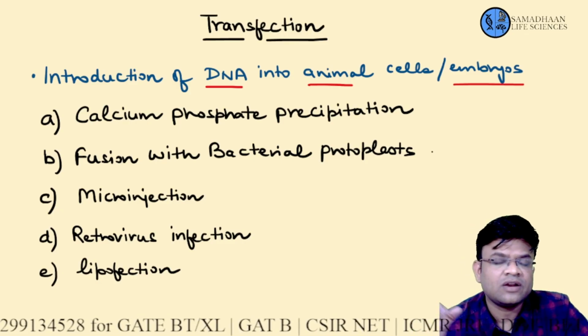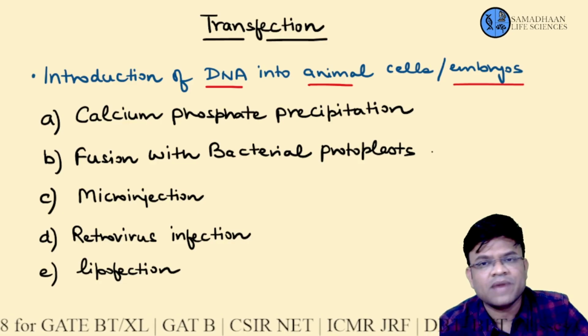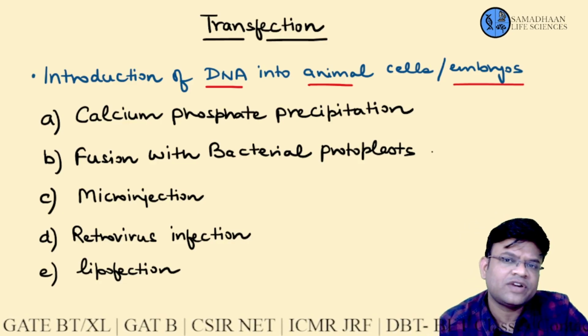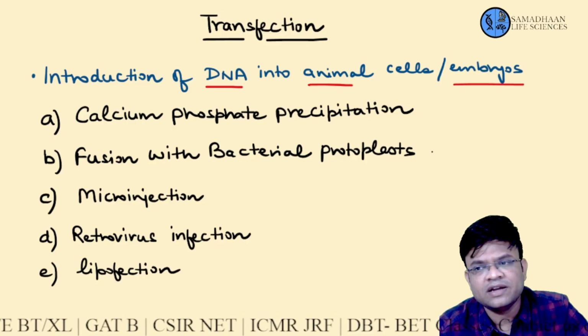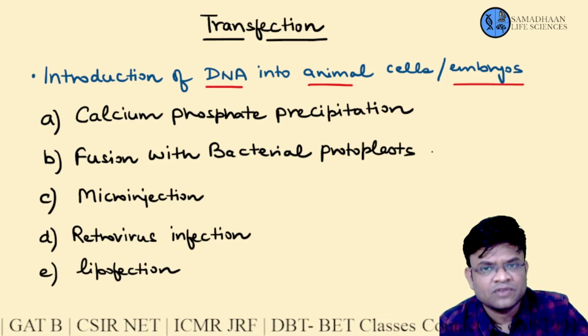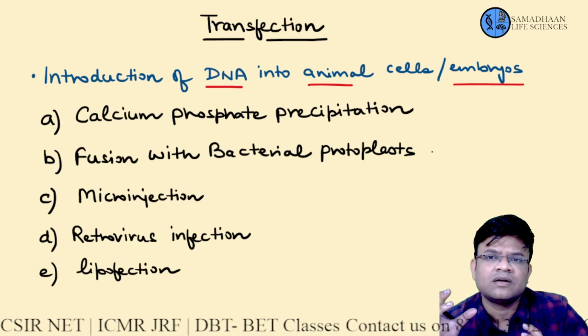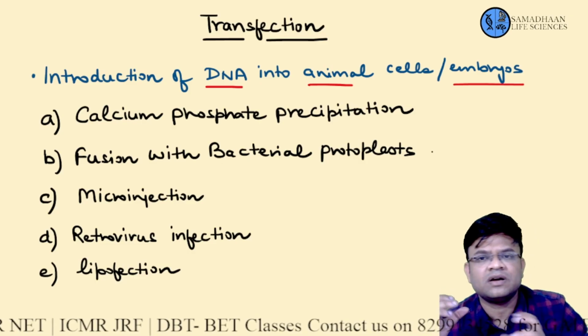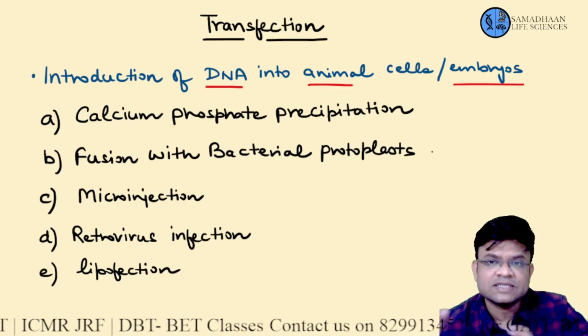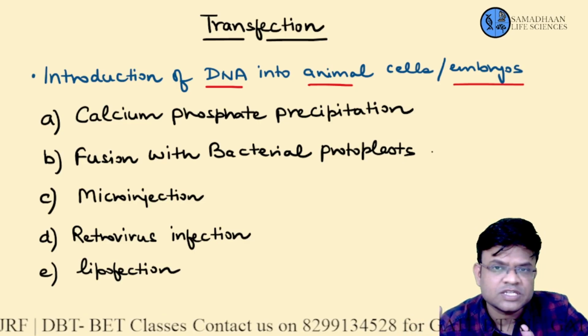You want to create an organism that would be beneficial for your use, for mankind. You might know that different plants and different animals are being modified for different purposes, for the benefit of mankind. This is the prime reason why transfection is performed.